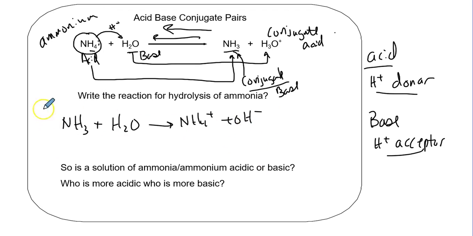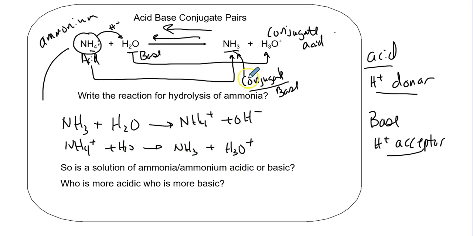If you want to make this look a little more complicated, you could put the two reactions together: NH4 plus water yields NH3 plus H3O plus. With these two reactions going back and forth, this cancels out, this cancels out. The water is just water, and we have water producing these guys.